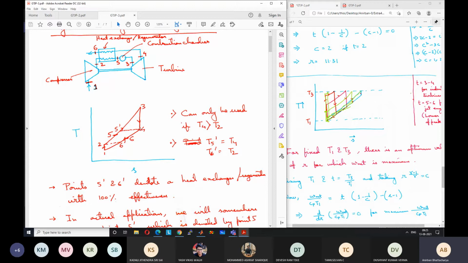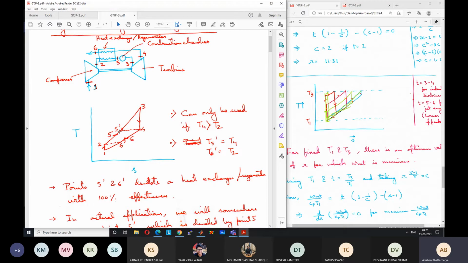This is like a counterflow heat exchanger, and the maximum temperature at this point which we can reach is equal to the temperature at that point. So the theoretical limit is given by 5 dash in this diagram: T5 dash is equal to T4. This is the maximum temperature that can be reached.